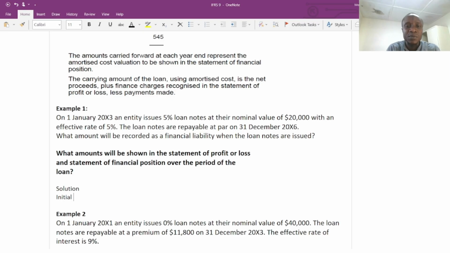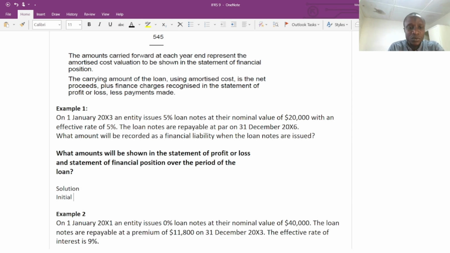The loan notes are repayable at par, which is at nominal, on 31st December 2026. From 1st January 20x3, 20x4, 5, and 6, so it means 4 years. What amount will be recorded as a financial liability when the loan notes are issued?